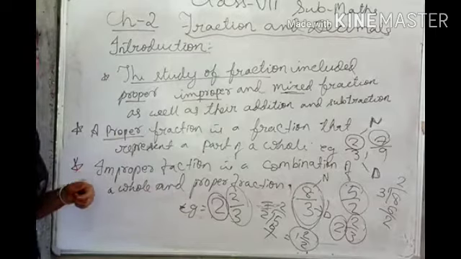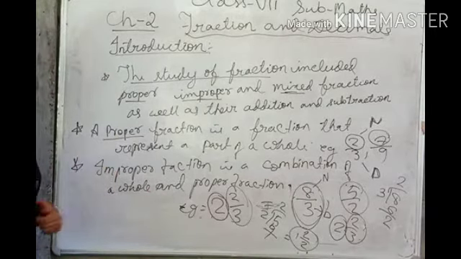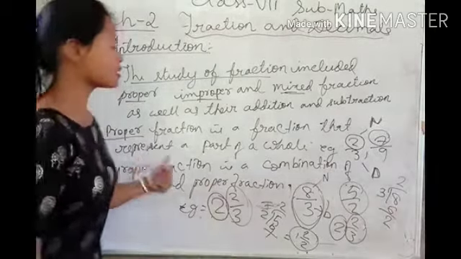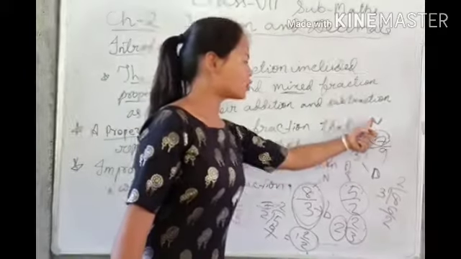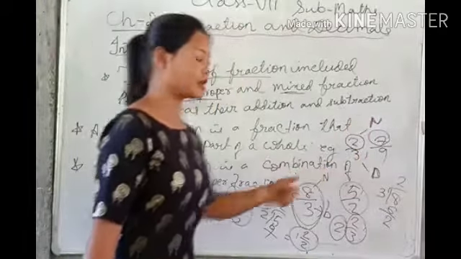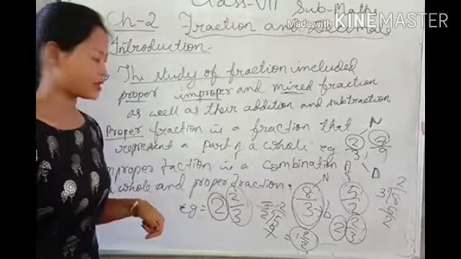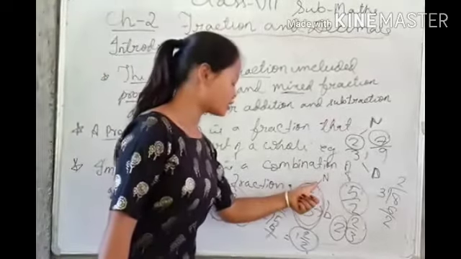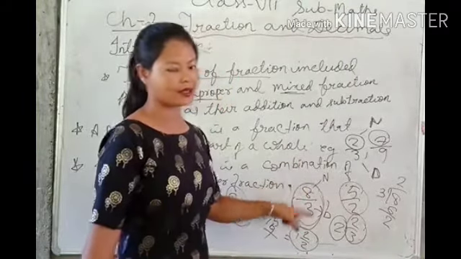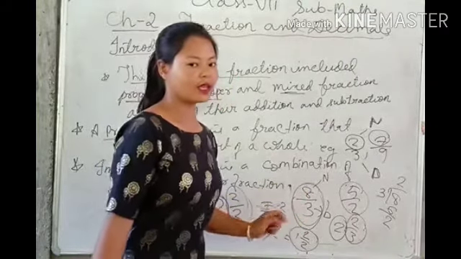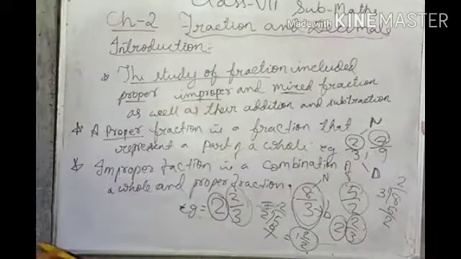So understood all of you? Whenever the numerator is smaller than the denominator, that is a proper fraction, and whenever the up one is greater than the down one, that is an improper fraction.